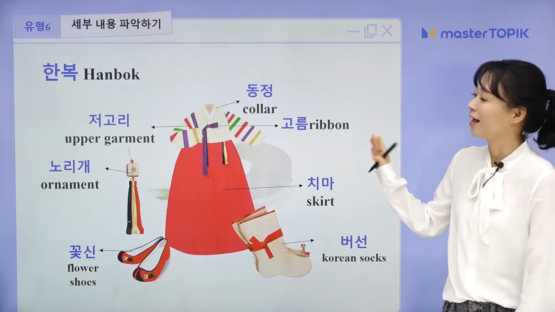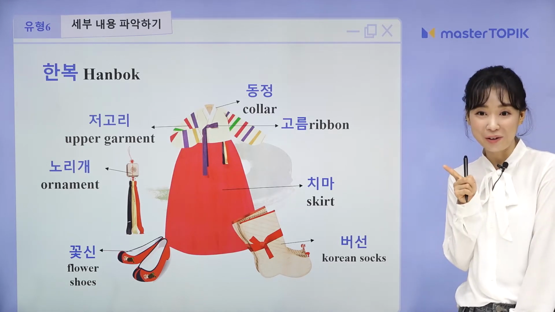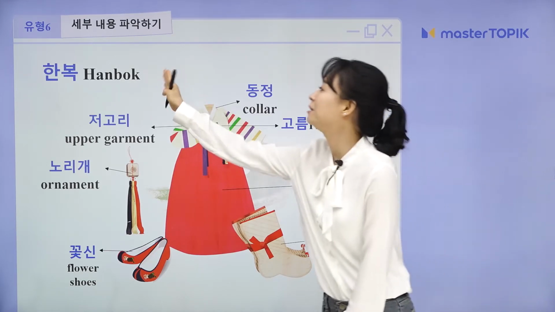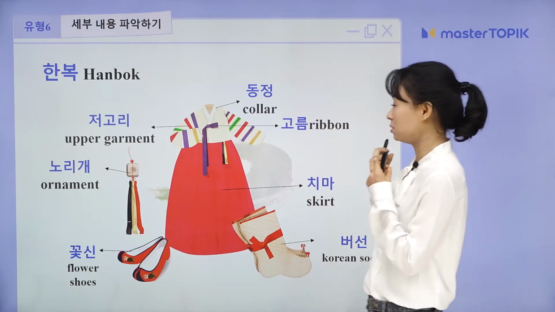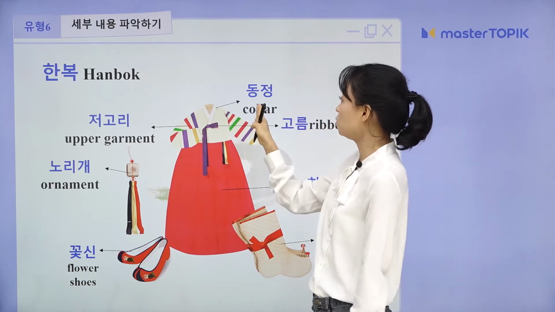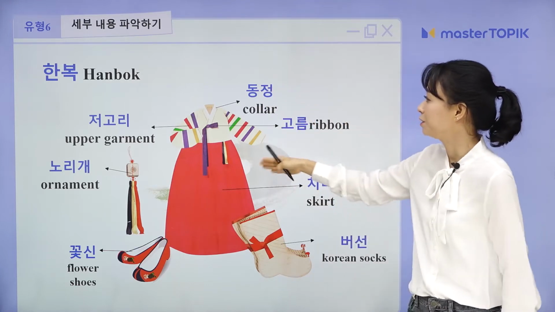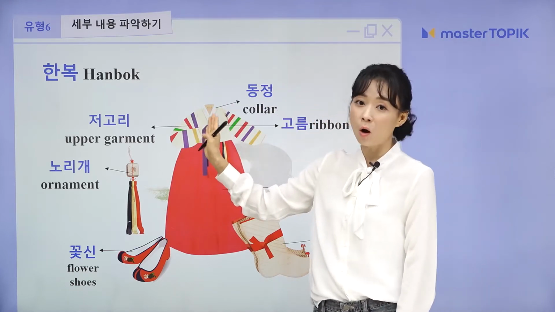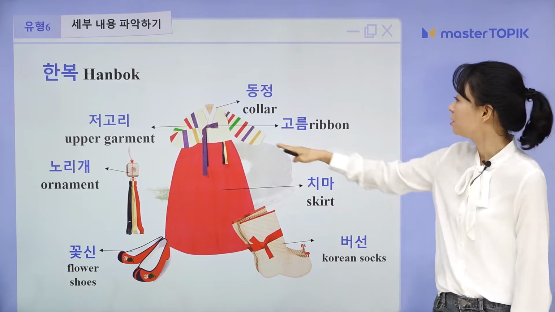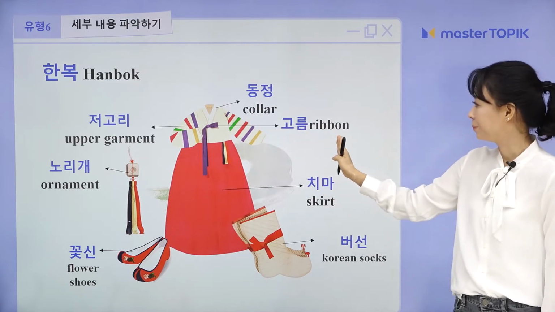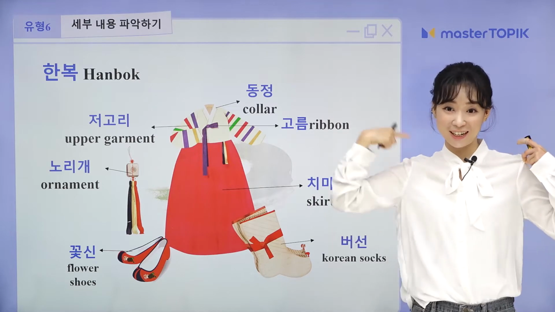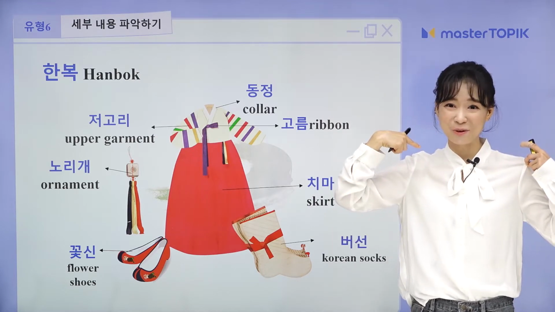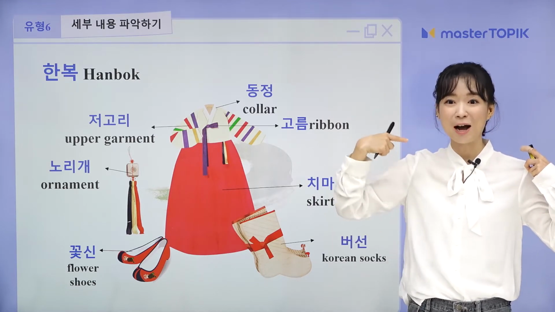Okay, and let's learn about Korean traditional clothes, 한복. The collar of 한복 is called 동정. And upper garment, 저고리. And ribbons, 고름. You don't call just any upper garment, like a westernized style one, 저고리. Only for 한복.